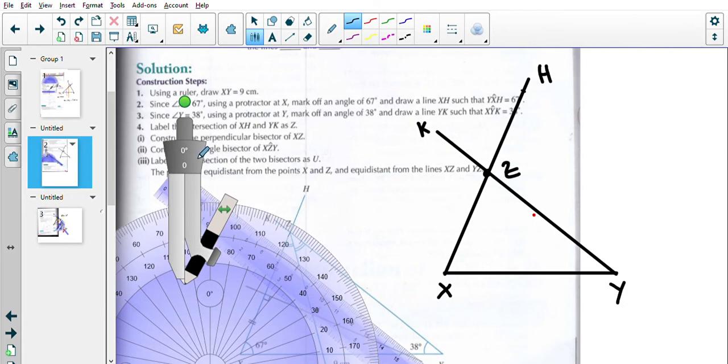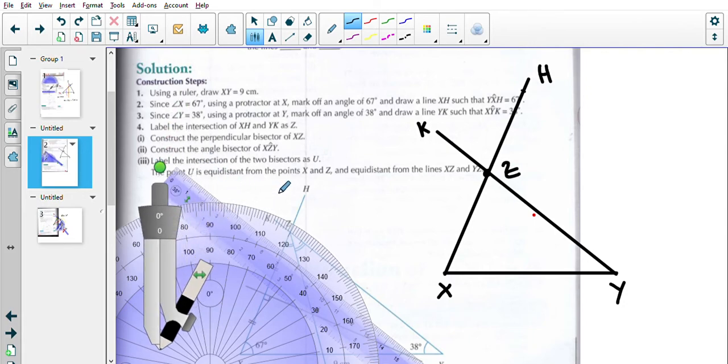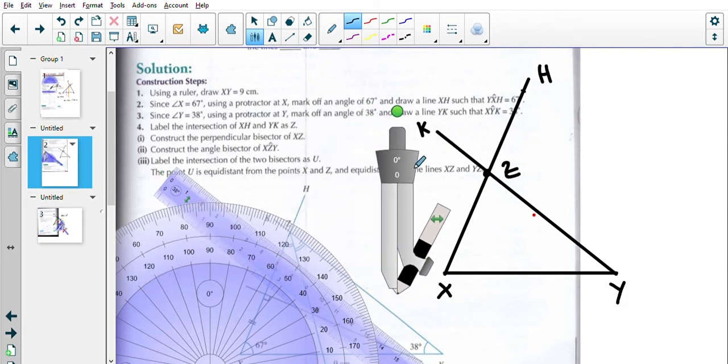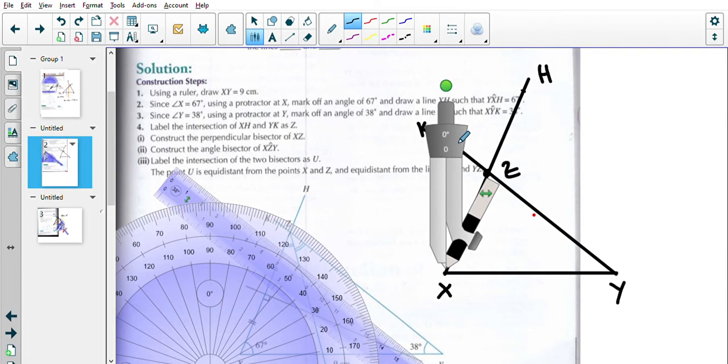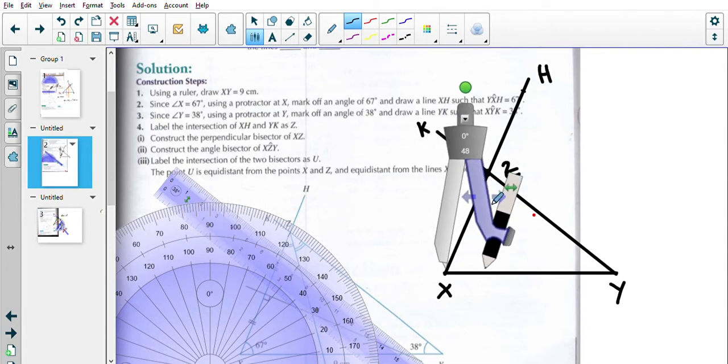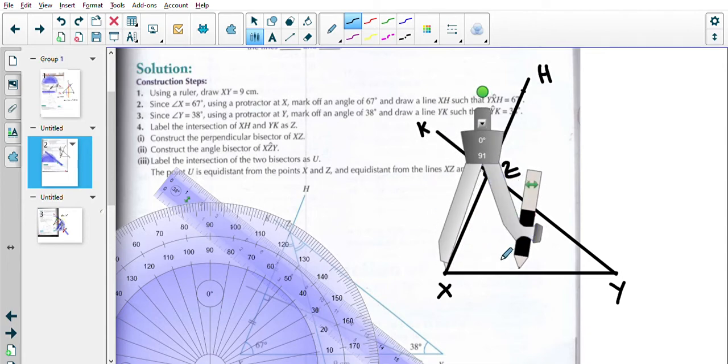Now to construct the perpendicular bisector of XZ, we just use our compass here on XZ. So we start from here, and I have to make sure that the length is more than half of XZ.